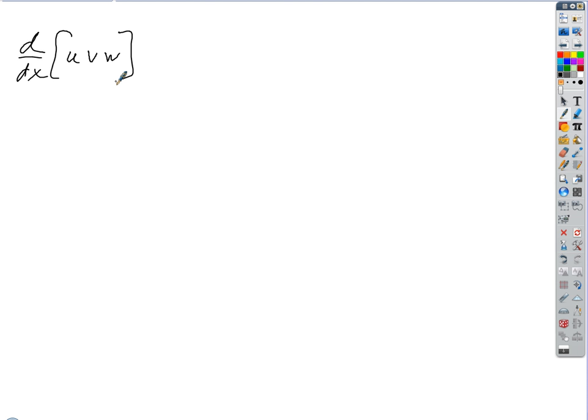Okay, good. We're going to get as many terms in our product rule as there are factors. Just remember that in each of those 3 terms, one of the factors is prime.